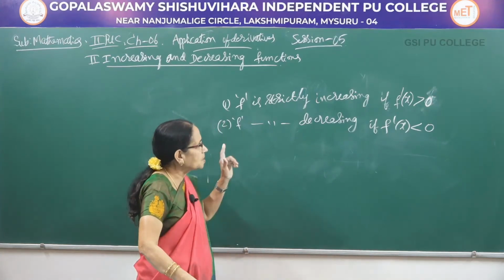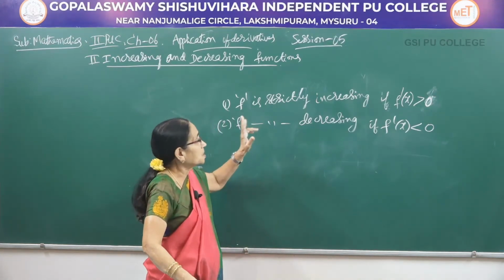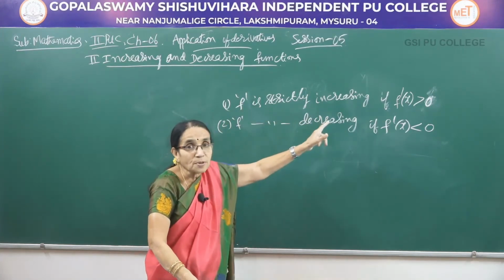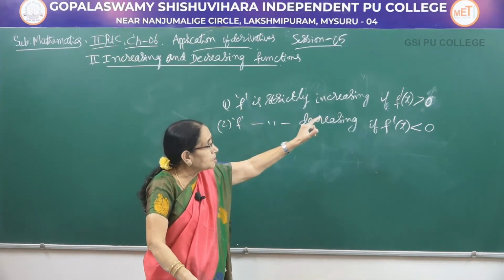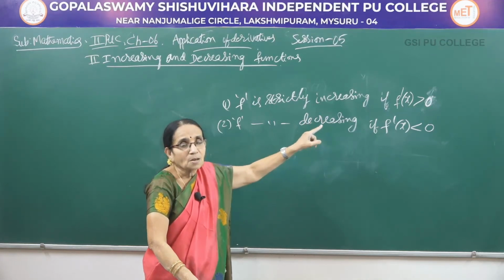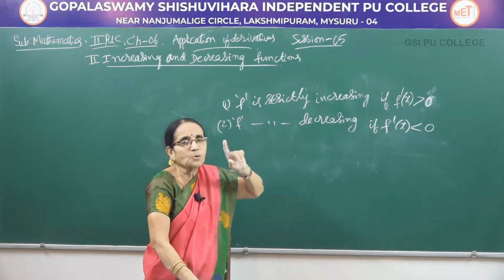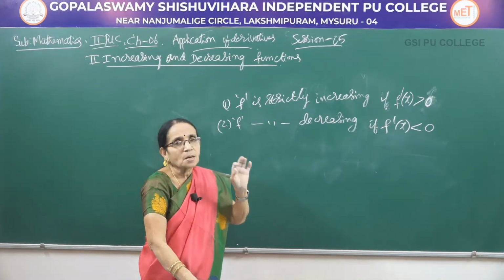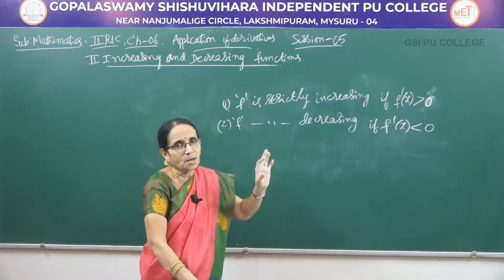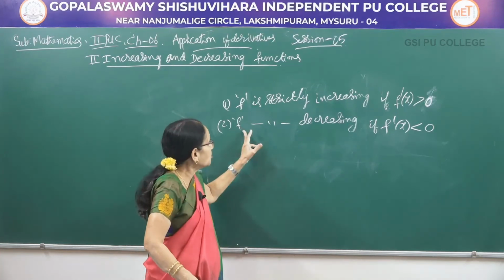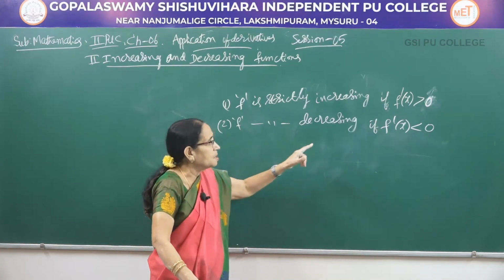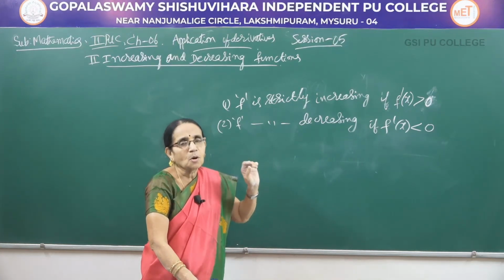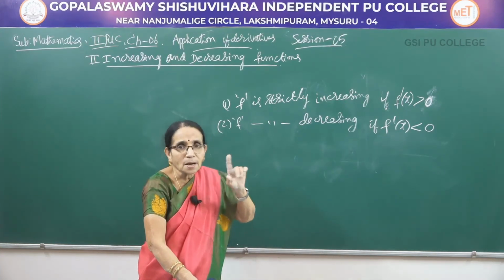Here do not get confused. f is strictly increasing if f dash x, see the derivative comes into picture there. So, when you consider the derivative, if you see that it is a positive quantity, you can come to the conclusion that f is strictly increasing. Then f is strictly decreasing when f dash x is less than 0, or in other words it is a negative quantity.